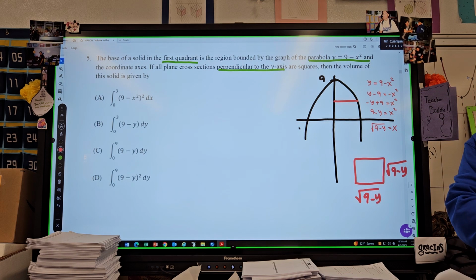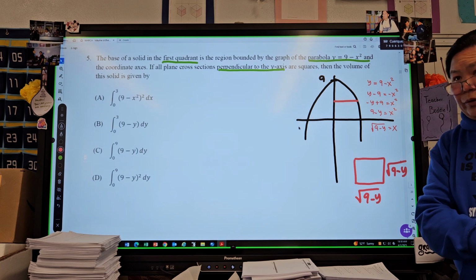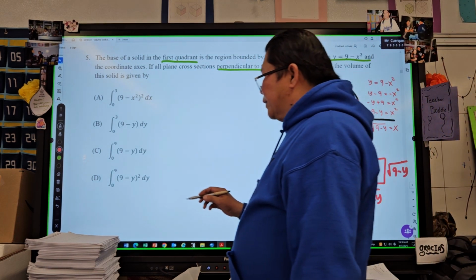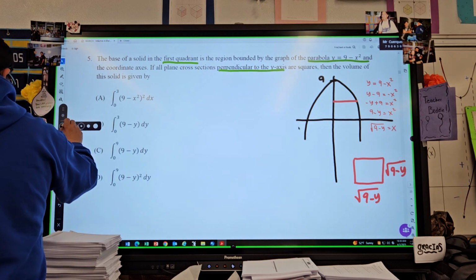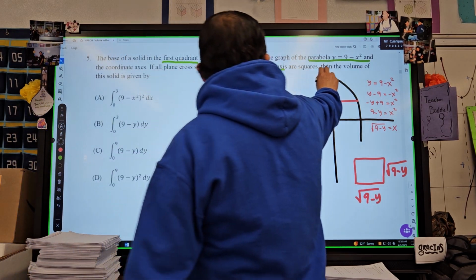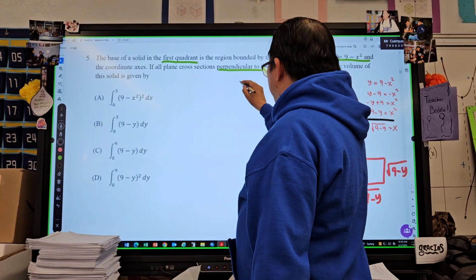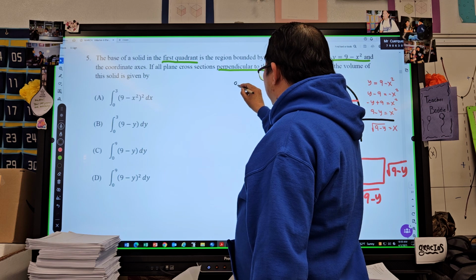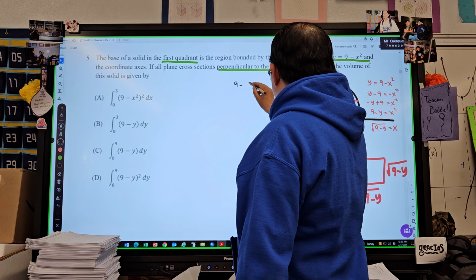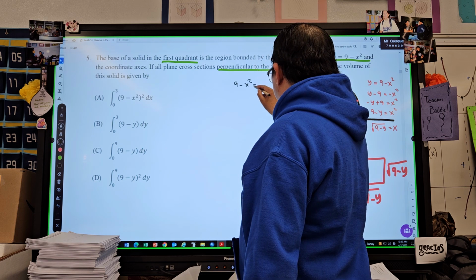So what to do? The limit is from 0 to 9. No, 0 to 3. Why 0 to 3? Take this one. We have 9 minus x squared is equal to 0.